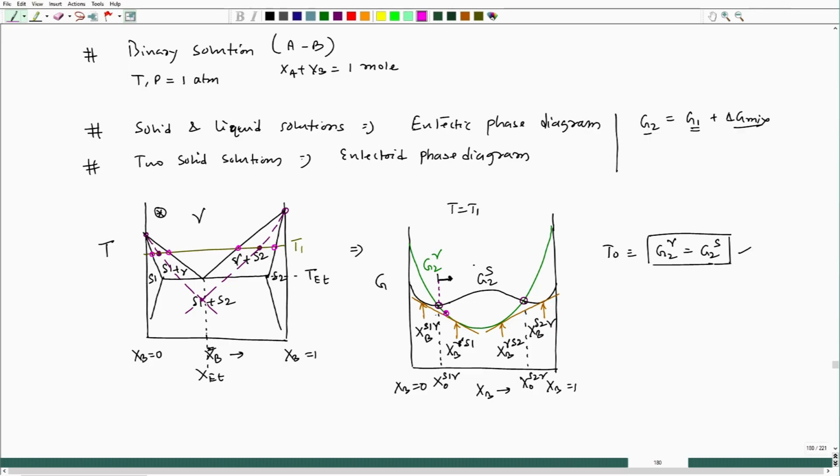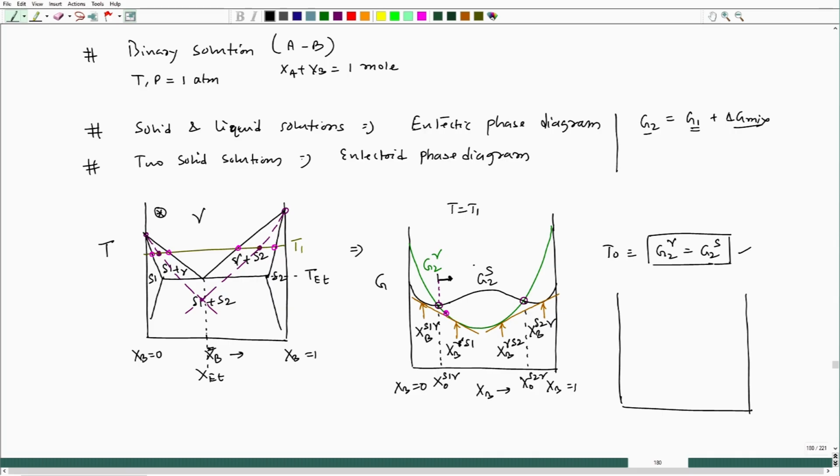Now, that point has only one way to reduce its free energy: it can come downwards and try to reach the common tangent line, which is the free energy line indicating equilibrium between two phases. For example, if I zoom into this left side zone, I will get a situation like this.